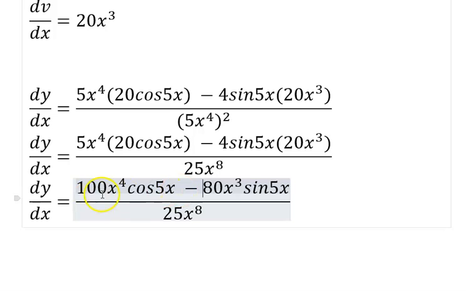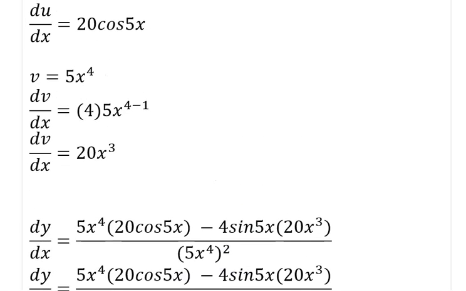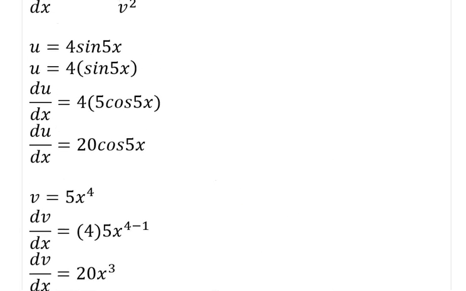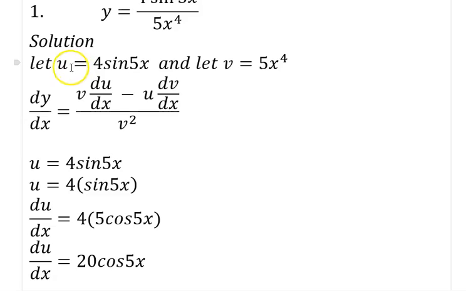And you have 100x raised to power 4 cos 5x minus 80x raised to power 3 sine 5x, all over 25x raised to power 8. It's just as simple as that. It's just for you to bring all your parameters that you have been able to get out, one by one: your u, your dv dx, your v, your du dx.